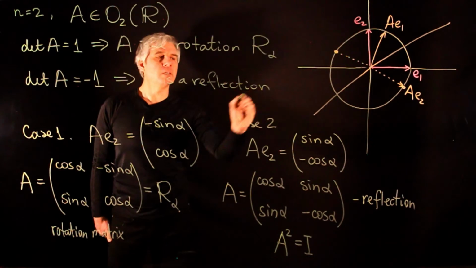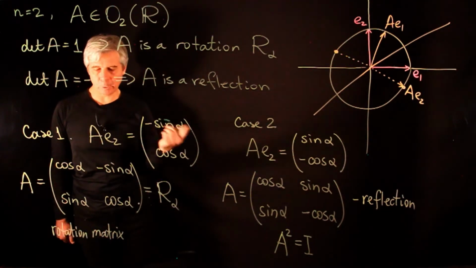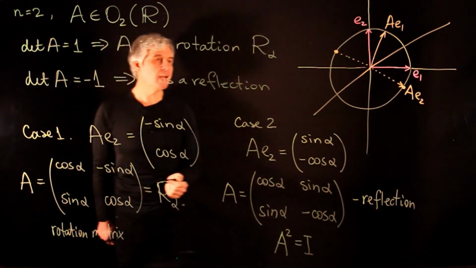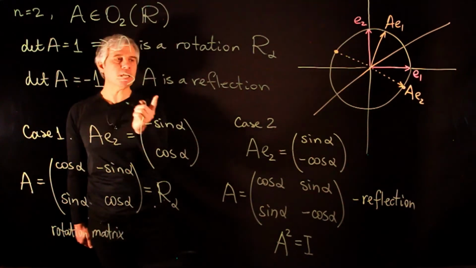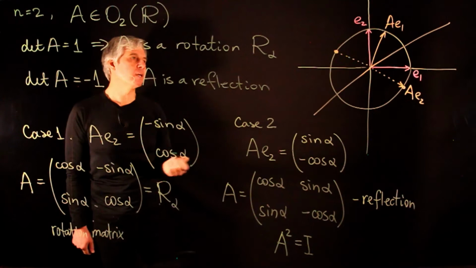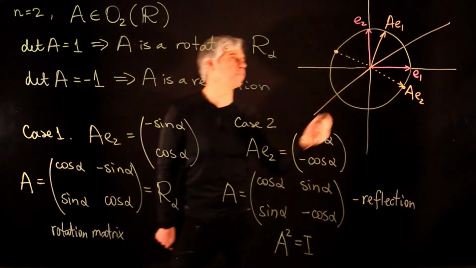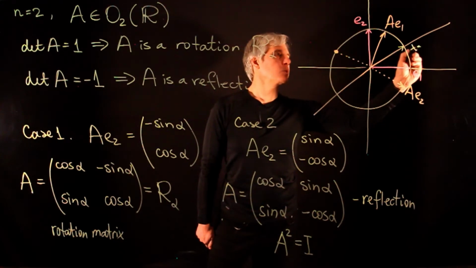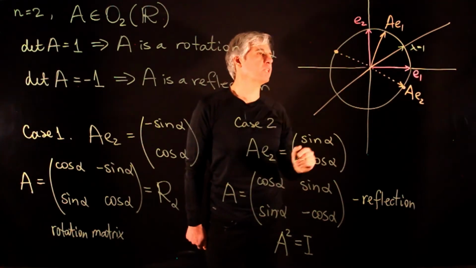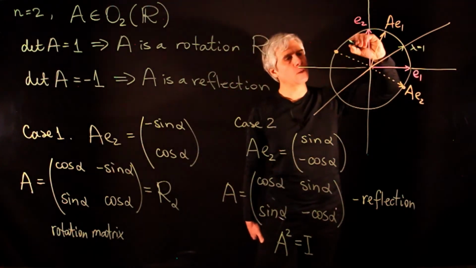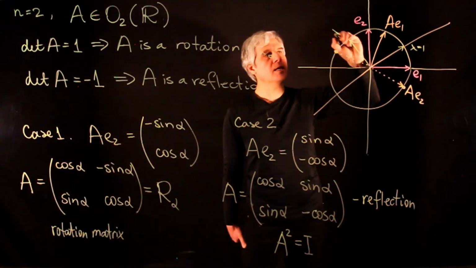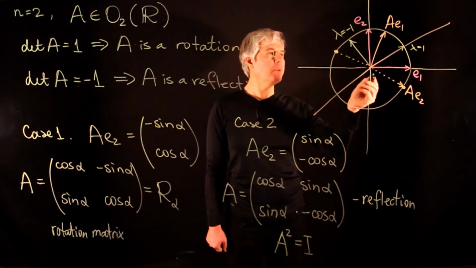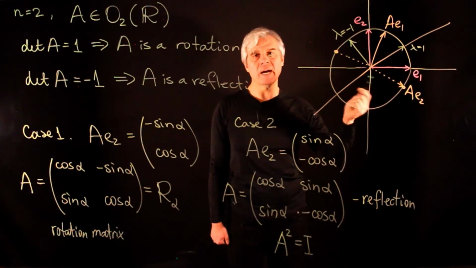We know that every rotation has determinant +1, just by calculating the determinant of this matrix, and every reflection has determinant -1 because it has two eigenvectors. One with eigenvalue lambda equals 1, on the axis of reflection, and the perpendicular vector will be an eigenvector with lambda equals -1. And the determinant of a matrix is the product of its eigenvalues.